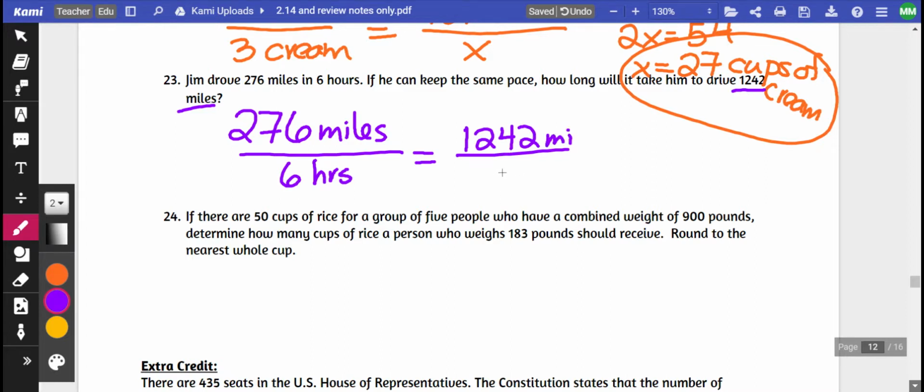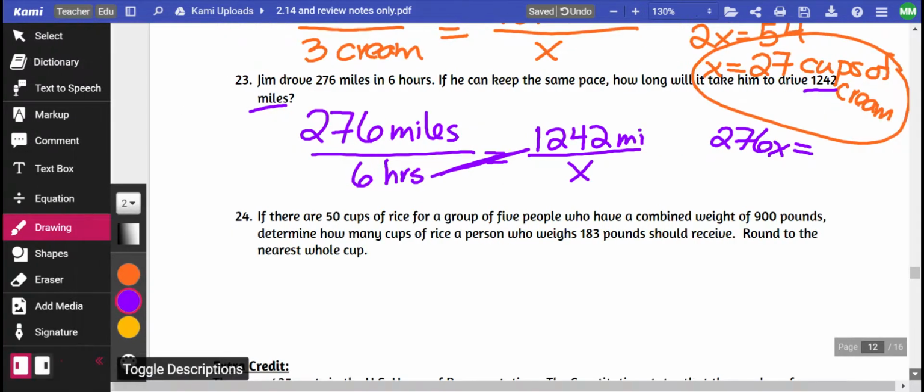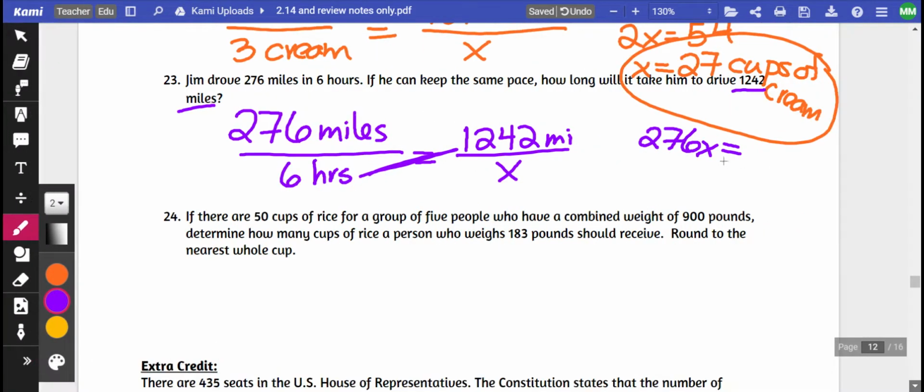I don't know how many hours it will be, so that will be X. When I cross multiply, I'm going to have 276x equals, and then those multiply together to give me 7,452. So divide both sides by 276, and I get 27 hours.